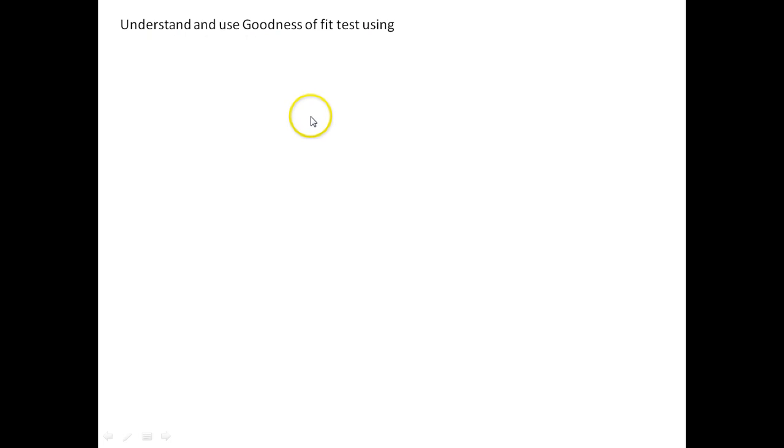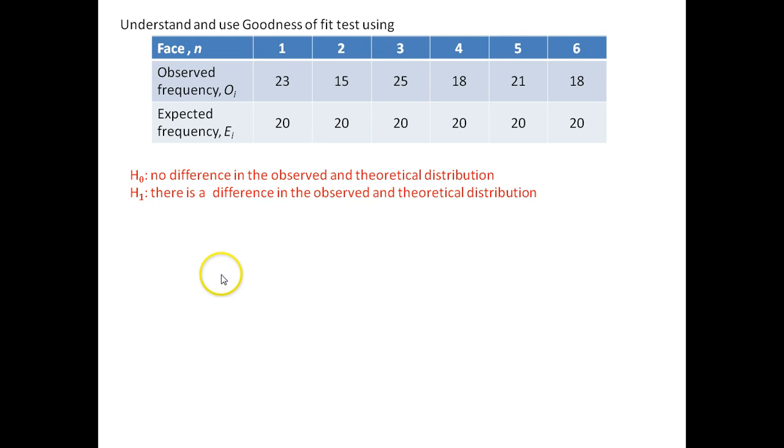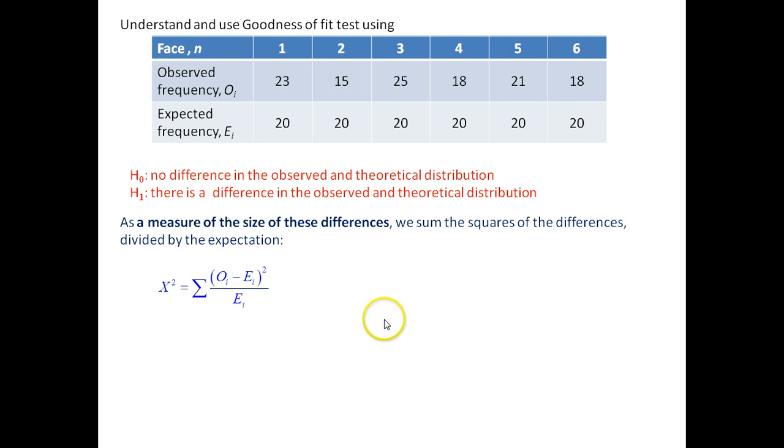Then we are going to use a goodness of fit test using these values. So we've got an observed set of frequencies and we have an expected set of frequencies. Our hypothesis was that there was no difference in the observed and the theoretical distribution, and H1 was that there is a difference between them.